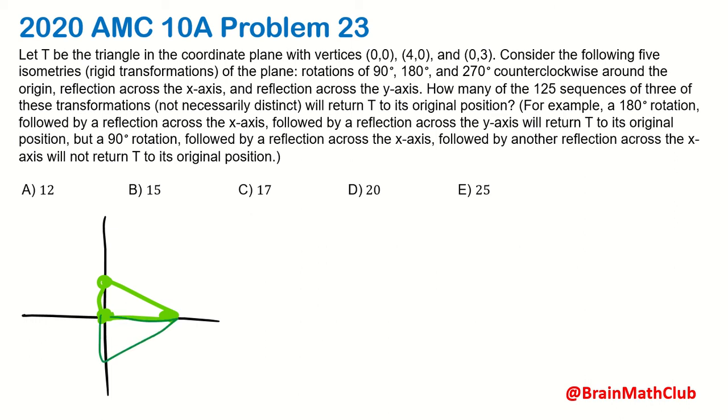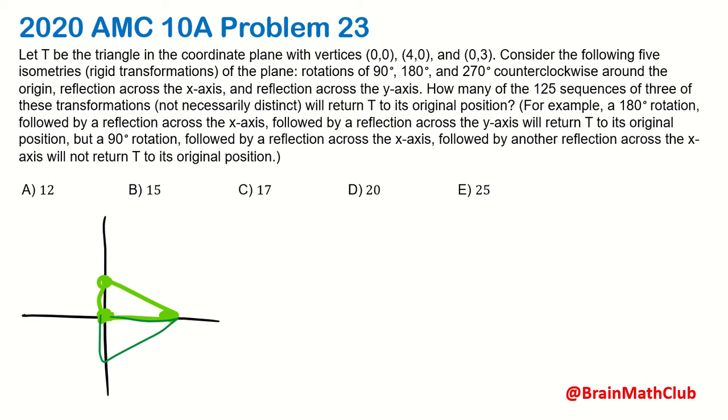So this point is (0, 3). This becomes (0, -3). And this point is (4, 0). This becomes (4, -0), which is equivalent to (4, 0). And same with (0, 0).